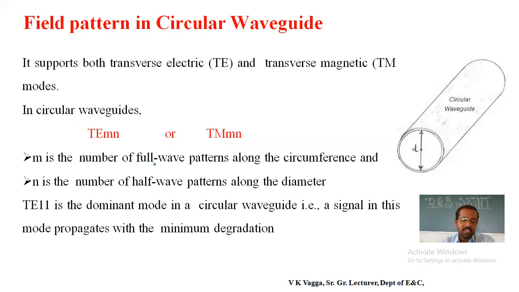But in the case of rectangular waveguides, it indicates the number of half wave patterns. In this case, it represents the circumference and the diameter. The value of m indicates the existing portion of the circumference, and n indicates the existing portion of the diameter.